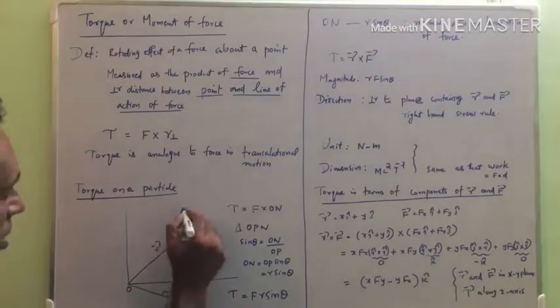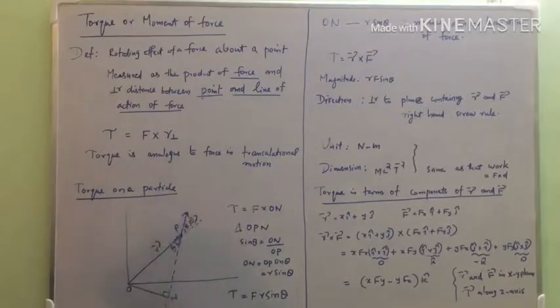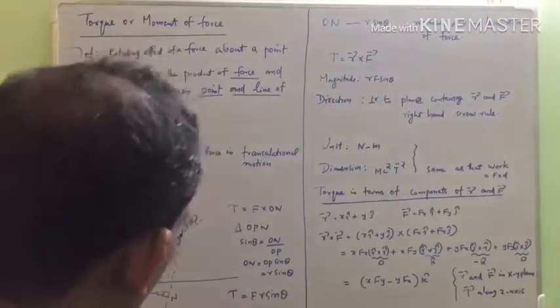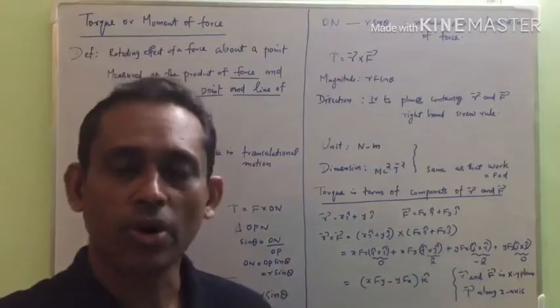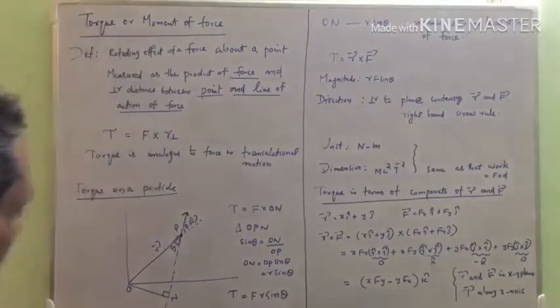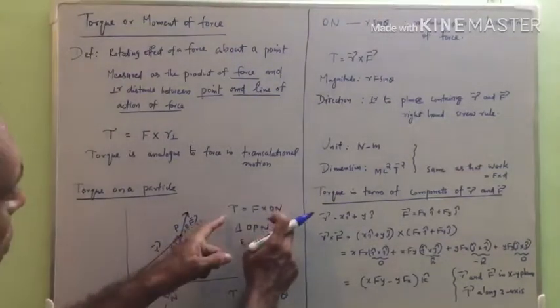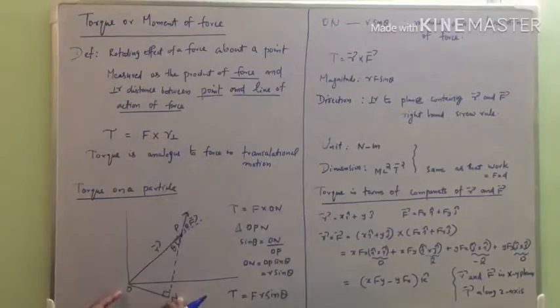Now, this is the line of action of the force. Let's draw a perpendicular from O to this line of action. So ON is the perpendicular distance between the point and the line of action of the force. So torque is equal to F times ON, the perpendicular distance.